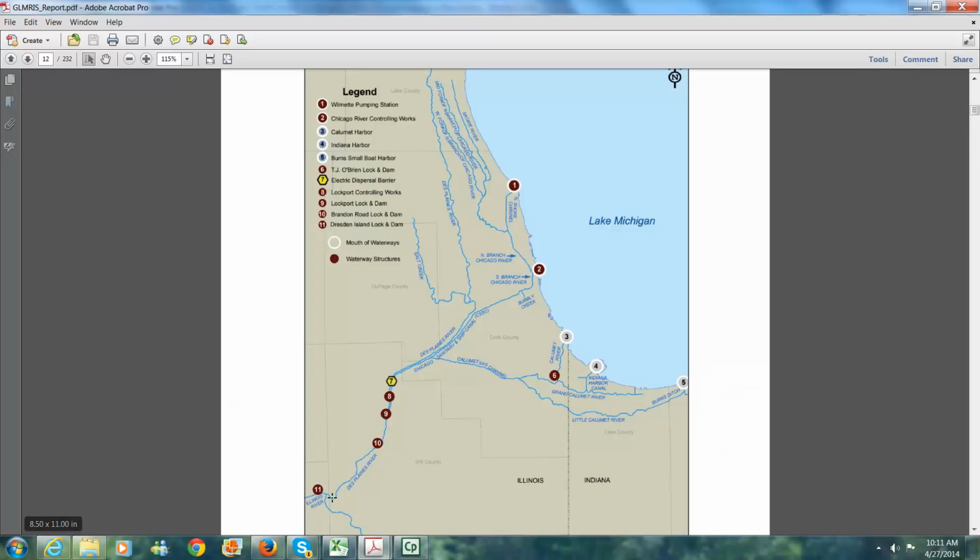So as these species come moving up from the Illinois River, they pass through different barriers. You can see number 11 is the Dresden Island Lock and Dam. And as they move up the Des Plaines River, we move up to the Brandon Roads Lock and Dam, Lockport Lock and Dam, Lockport Controlling Works, and here at number 7, this is the electric dispersal barrier, which you'll learn about in some of the video background for this particular study.